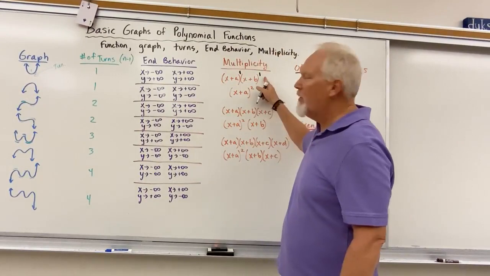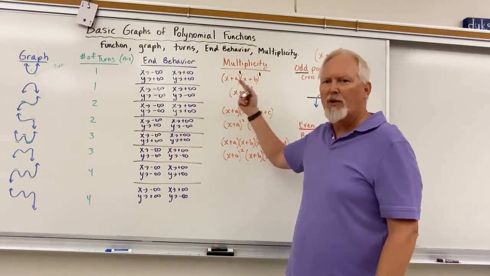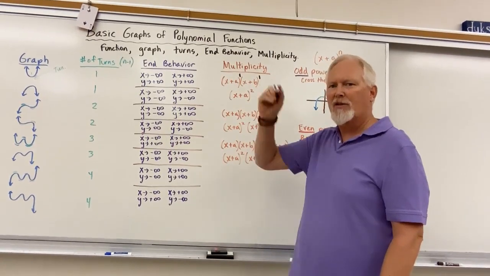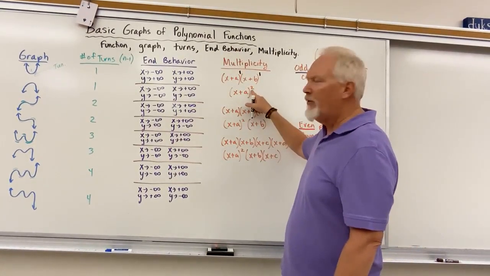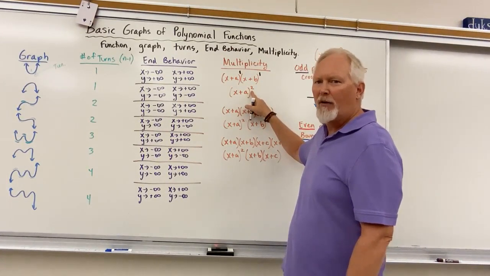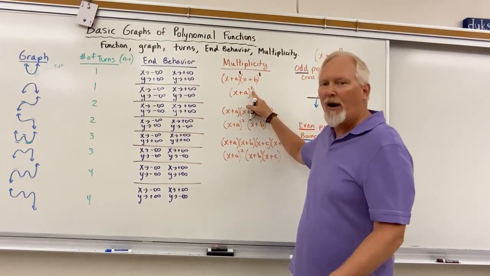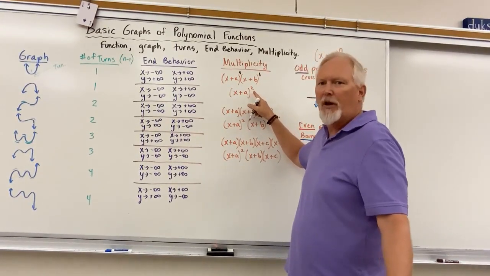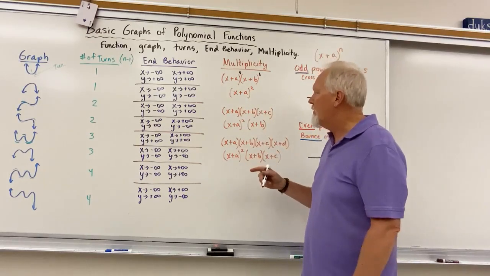And when we assume they're ones, we know that both of these factors, that's why we call them the zeros, will go through the x-axis. They will cross through the x-axis. If, however, there's a square, then we know that that will bounce off the x-axis. Okay, it's just something to keep in mind. Try graphing x plus 2 quantity squared sometime and just see what it does if it crosses.